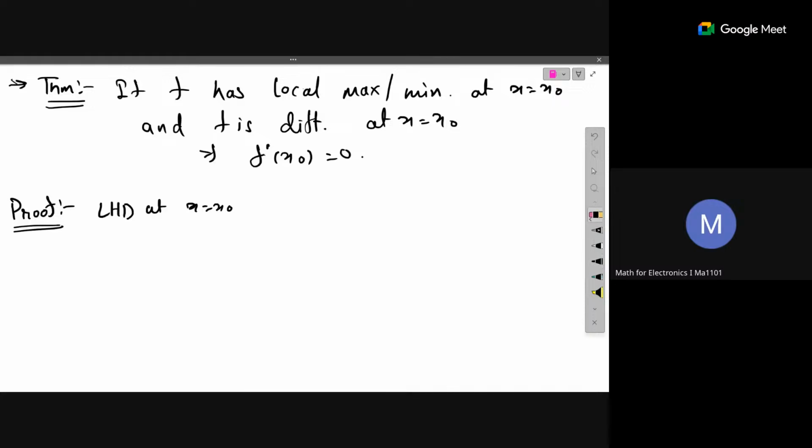So the left-hand derivative at x equals x naught is the limit as h goes to 0 of f of x naught minus f of x naught minus h, divided by h, right? So this is the expression for the left-hand derivative. Now here what we use, so we take the first case.